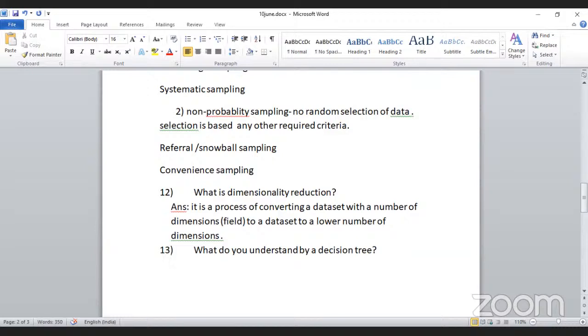So a decision tree is a supervised learning algorithm that is used for both regression as well as classification.